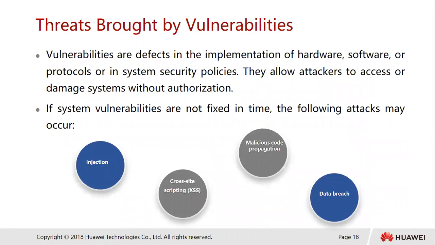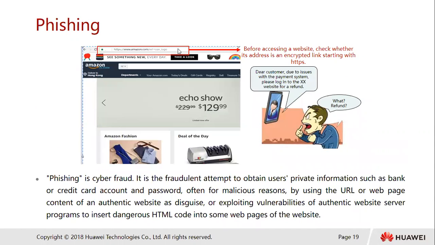So let me take you back to phishing. The word phishing came from when you go fishing: you carry a net and then you cast it. Here, what hackers do is send emails to a lot of people, hoping that one of them would click on a link.